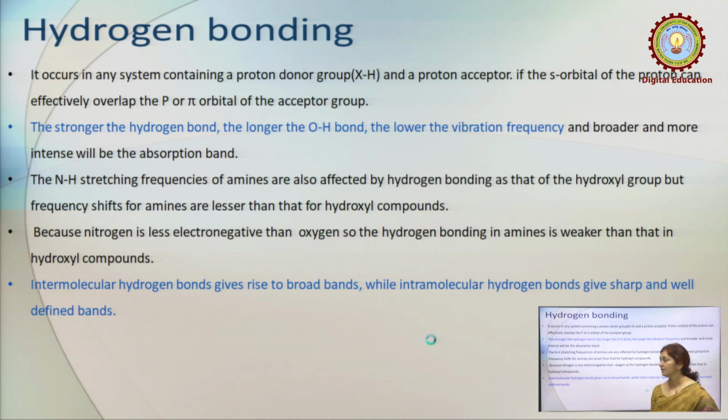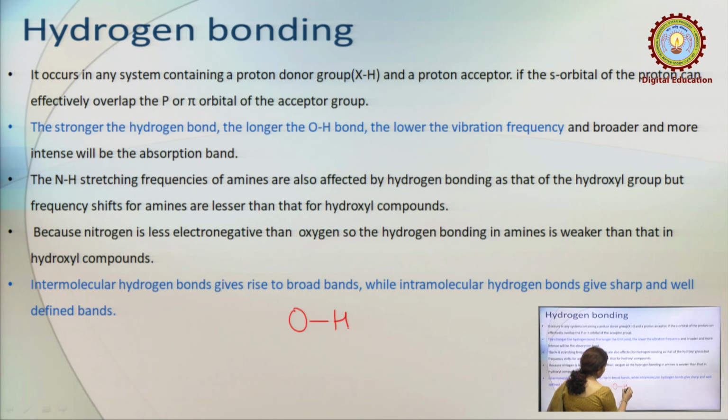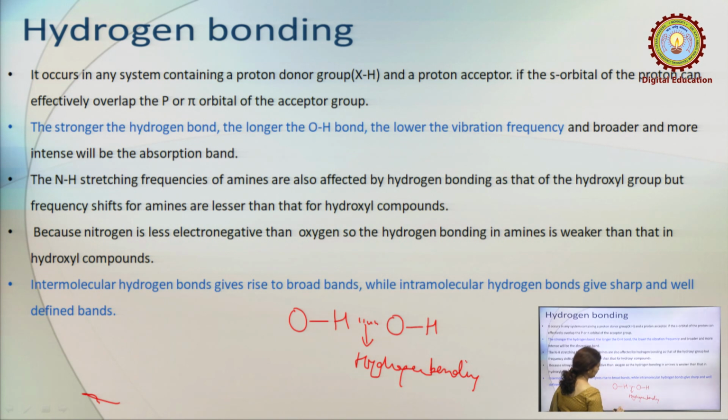What does it mean? Let us take this OH bond. This will make a bond with another OH, this is the hydrogen bonding, and these two are the covalent bonds.